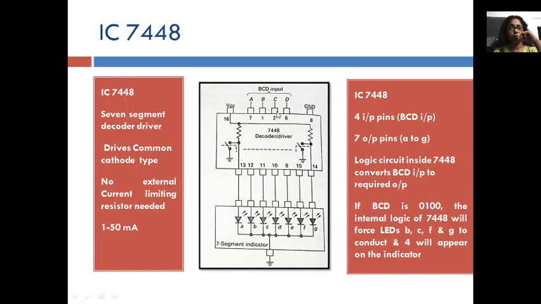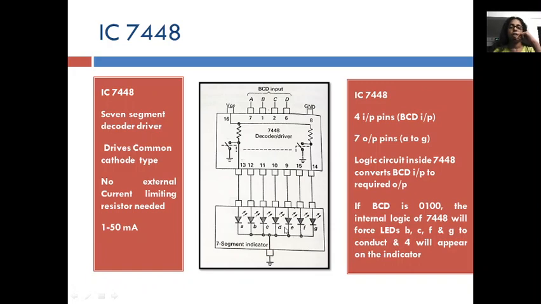Here also 4 input pins are there, which are the control signals, that is the BCD input. 7 output pins are there, connected to A to G. These are the LEDs. And the logic inside this IC is telling which diodes should be in the forward condition, and accordingly it will display the digits.